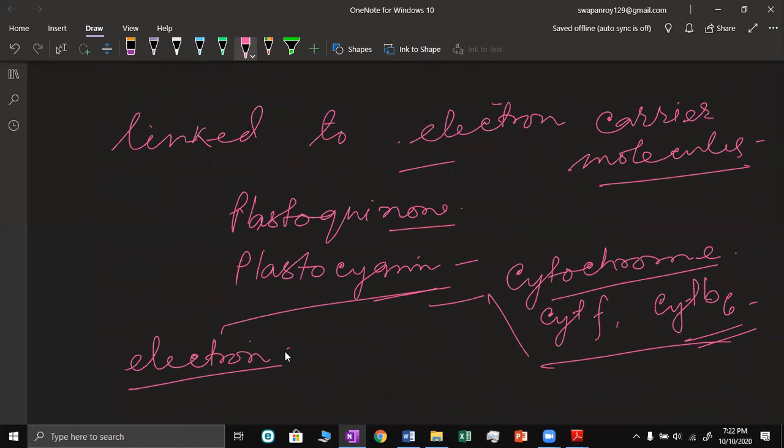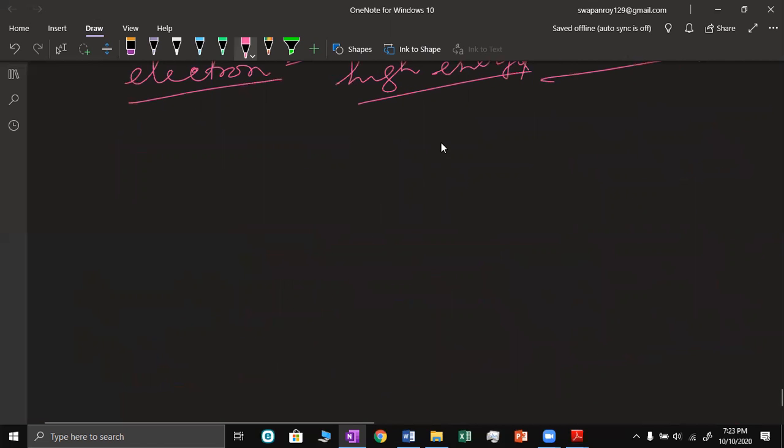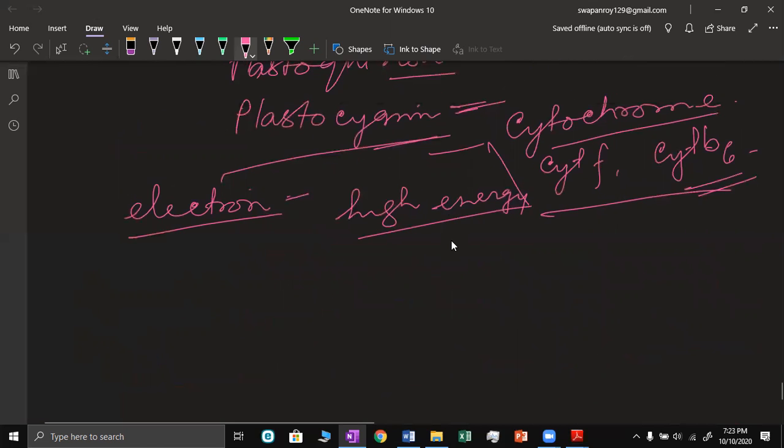They release electron, and this electron moves with very high energy, and this electron passes through different electron carriers, and ultimately it moves to some acceptor molecule. Okay, so there is an electron transport chain.